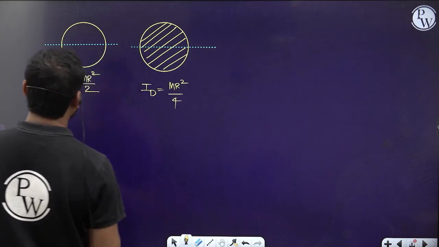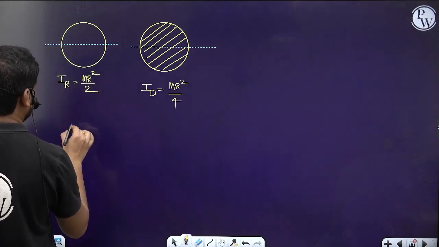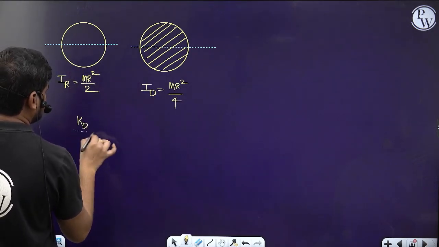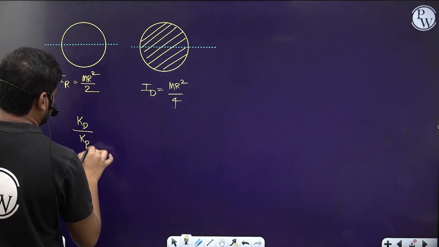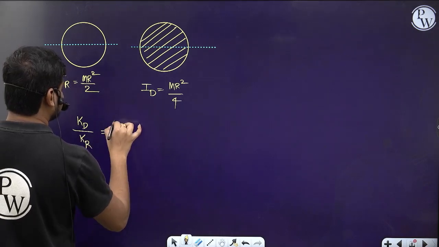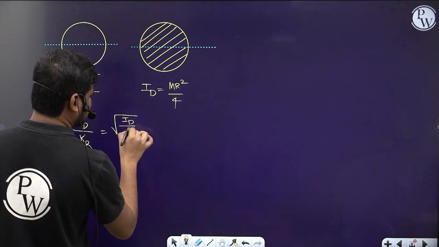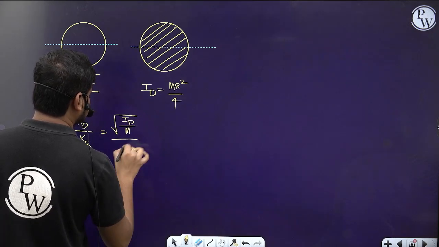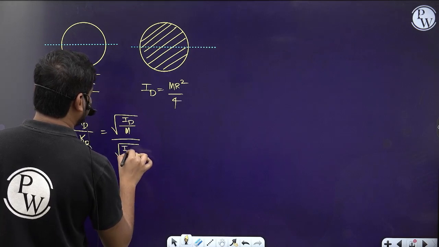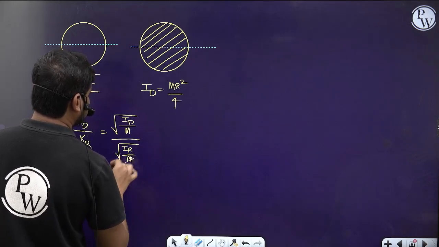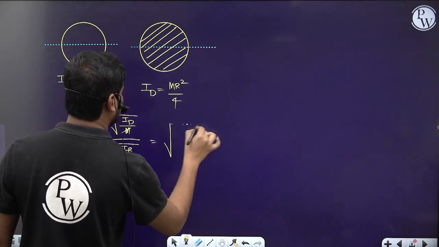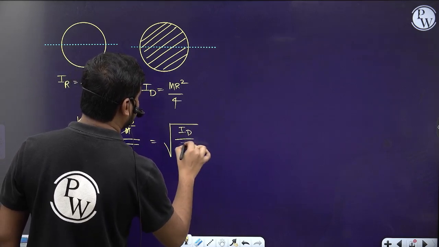So then we got the moment of inertias. Then the K of the disc to the K of the ring we required, right? Which is nothing but square root of the moment of inertia of the disc by mass m, by square root of the moment of inertia of the ring by mass m. So mass gets cancelled, so root over I_D by I_ring.